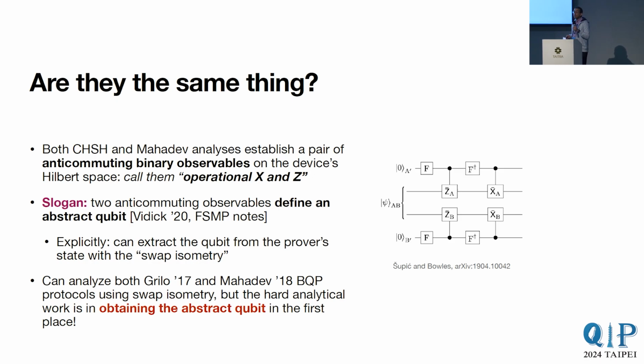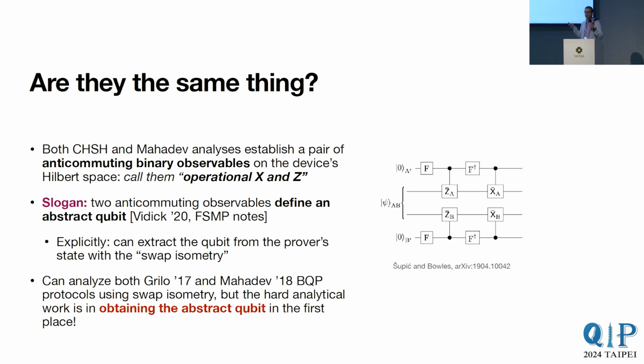So let me address what was known about the first question. A partial answer was known before our work. If you look at both the analysis of the CHSH game and protocols built on it, and the analysis of the Mahadev scheme, they both have this property that the key step is establishing that the untrusted quantum device, or prover we might say, has a qubit that it's operating on. And how do you do this?